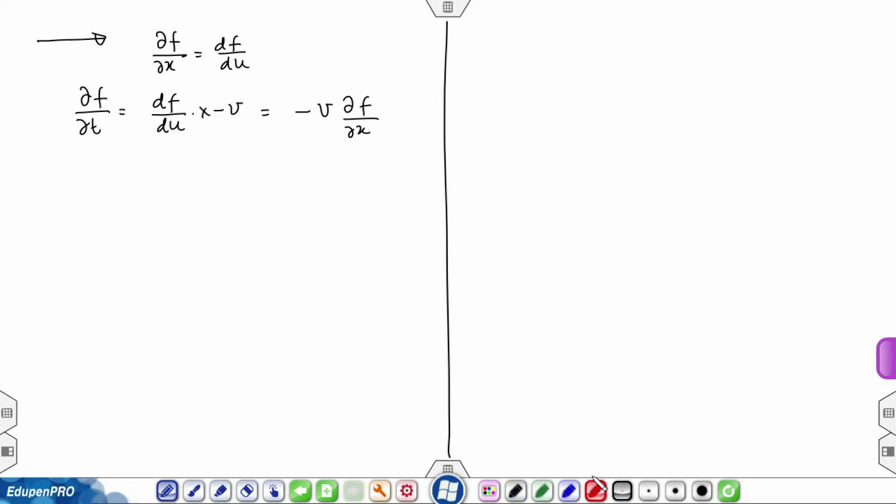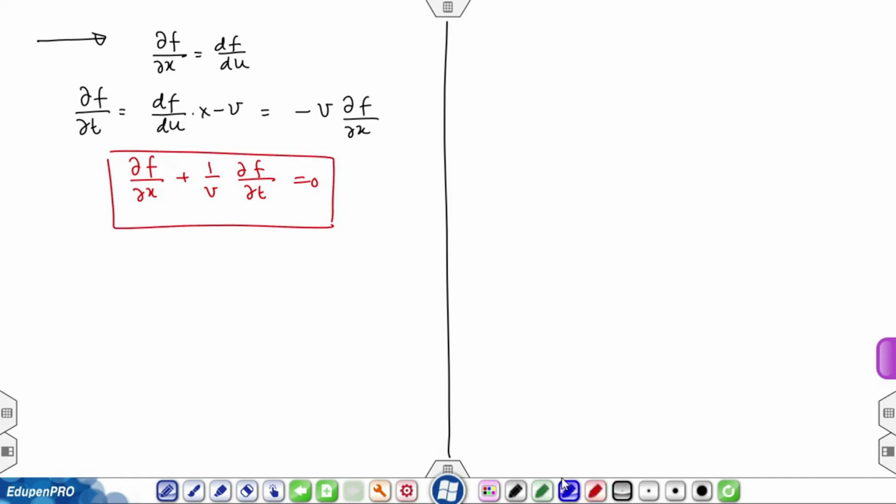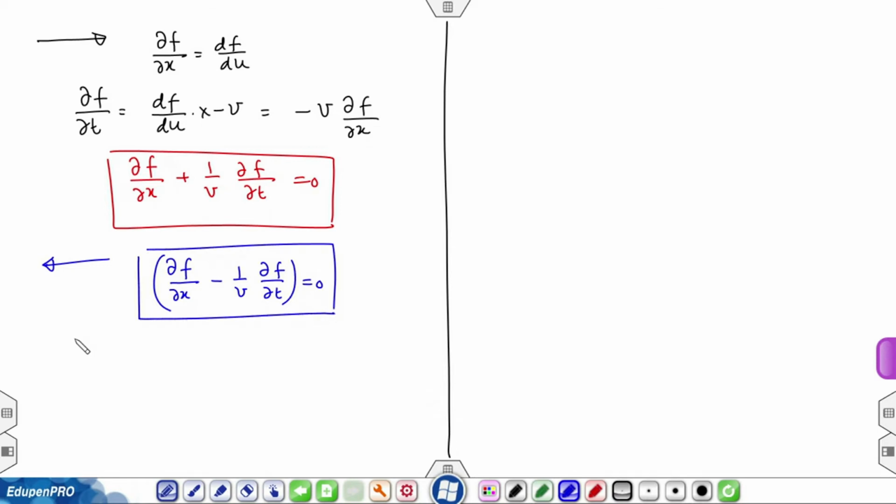Therefore, the equation becomes df/dx plus 1 over v df/dt equal to 0. And for the wave traveling to the left, I will similarly show that it is df/dx minus 1 over v df/dt equal to 0. So, I have now two equations describing the waves.